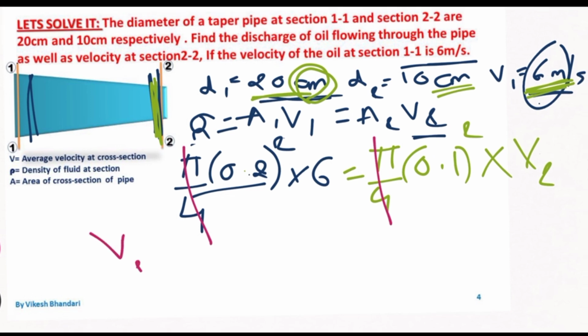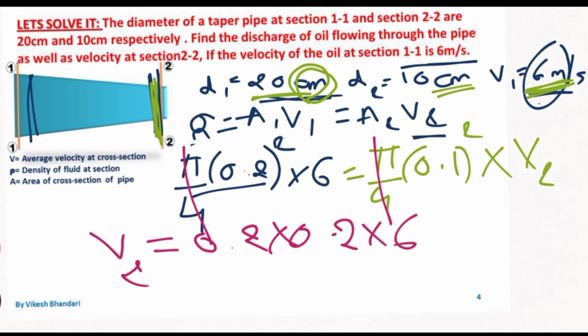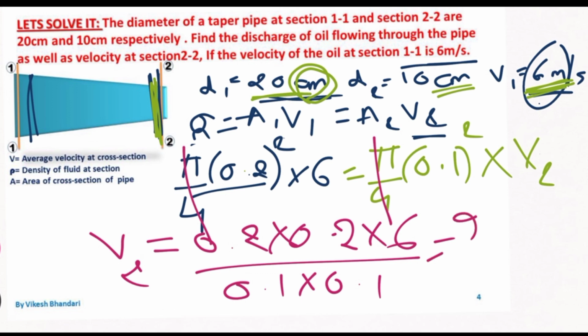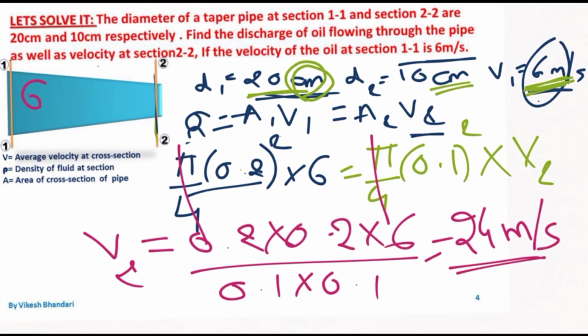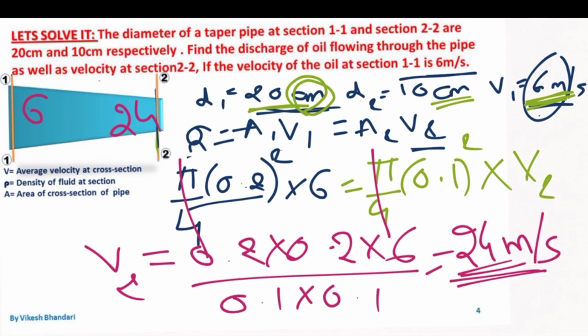V2 is equal to 0.2 into 0.2 into 6 divided by 0.1 into 0.1. That means it is nearly 24 meters per second. Section 1 is 6 meters per second, then the velocity at section 2 is 24 meters per second because the pipe is converging.